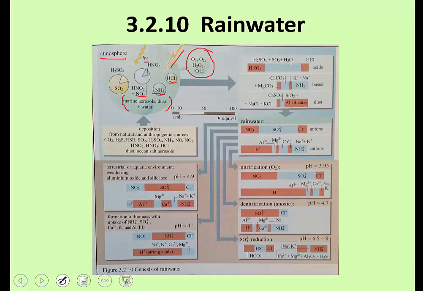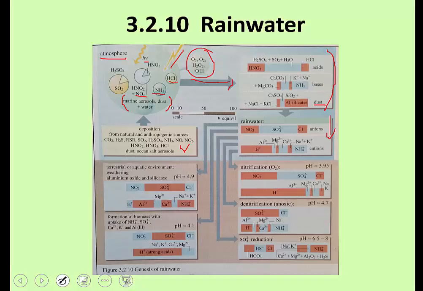All of these things are going to, and here's a list of sources of those, deposition and whatnot. All of those are going to react to give you acids, bases, particulate matter, and dust that's in the atmosphere. Those all enter into water, rainwater, to form all the variety of species you see here.